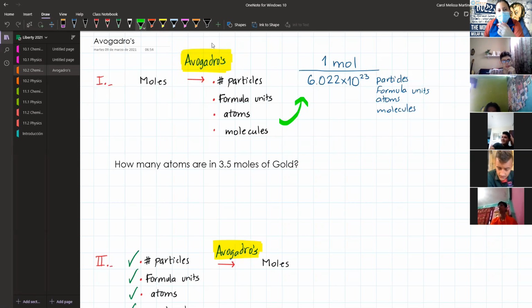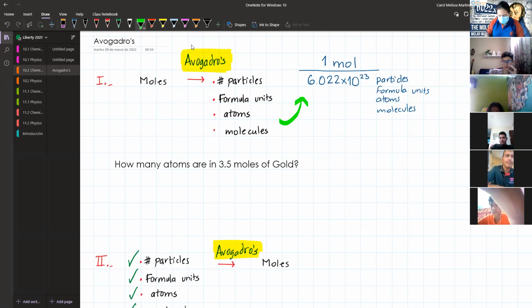Okay? So, for example, the first problem says, how many atoms are in 3.5 moles of gold? Okay, so we're going to focus on that one.